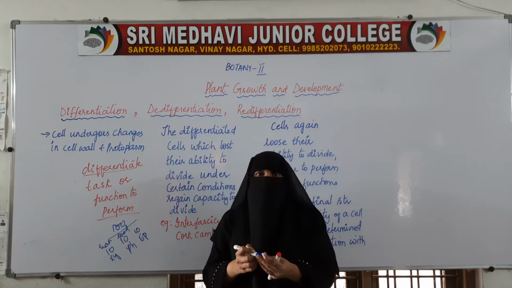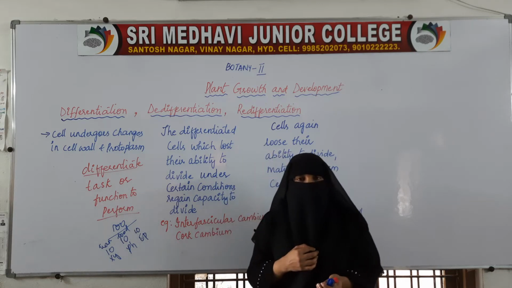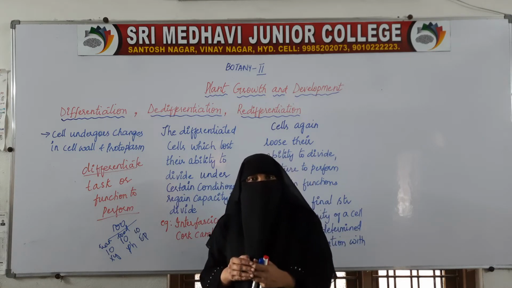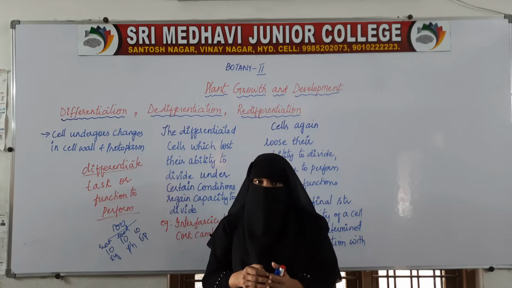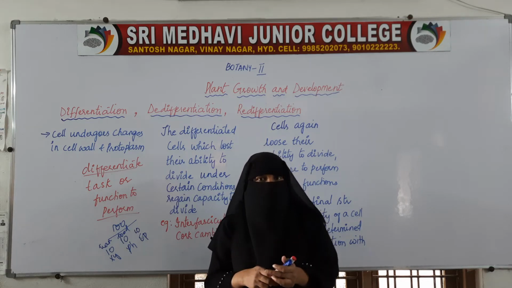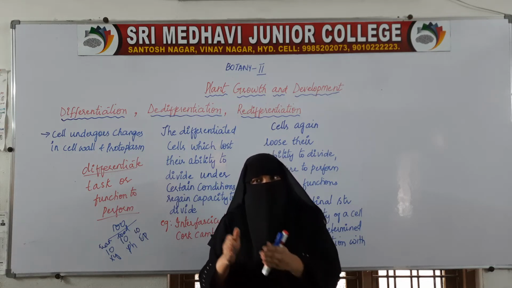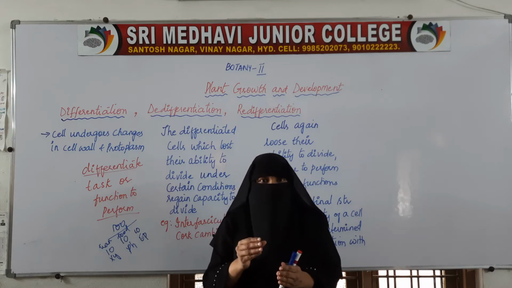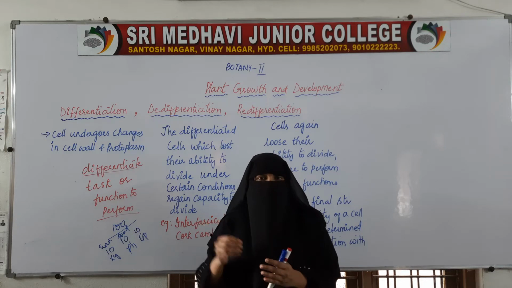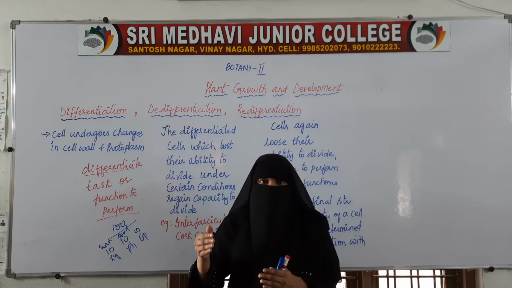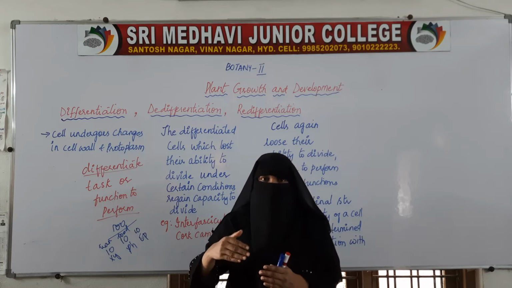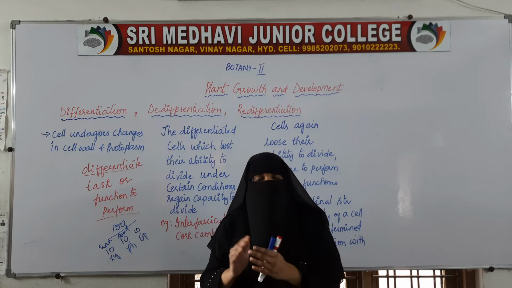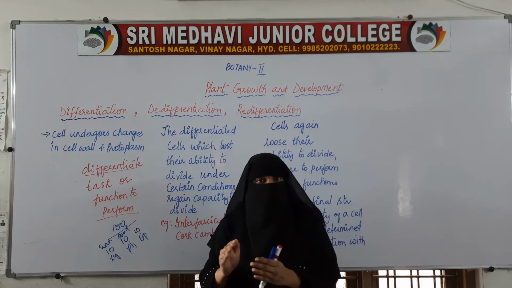The cells will be assigned tasks. First, a mass of cells will be formed, the cells will grow and they will be assigned a particular task. After the growth, the cell will be given a particular function. For example, 10 cells are given the task of transporting water, that is, they will be forming xylem, and their function is to transport water.